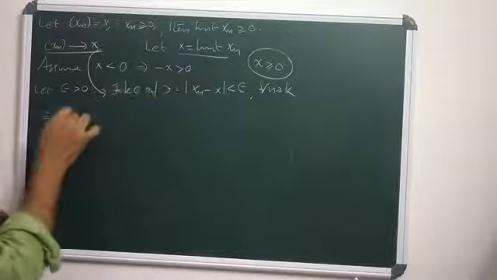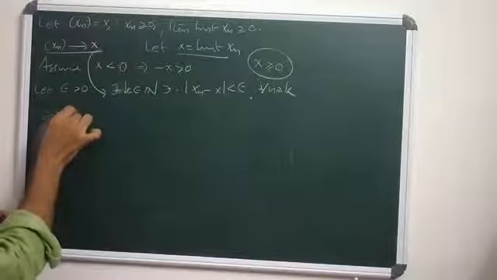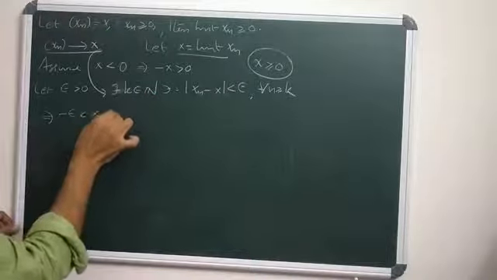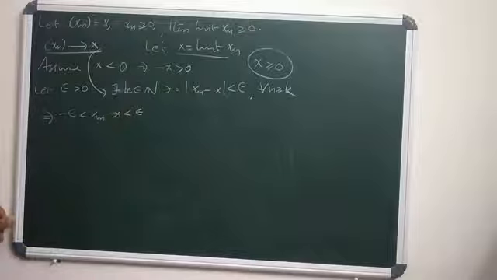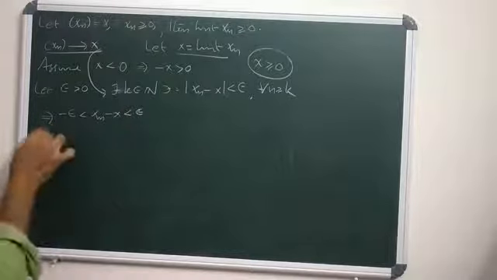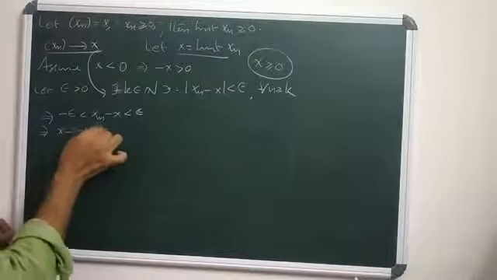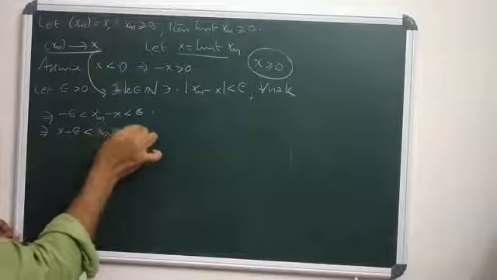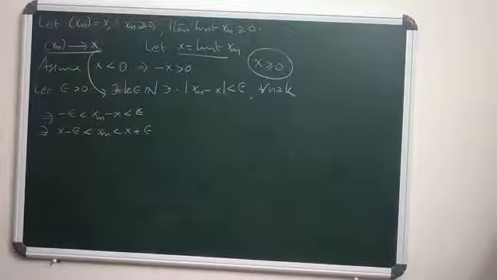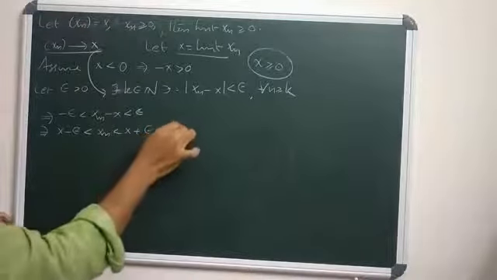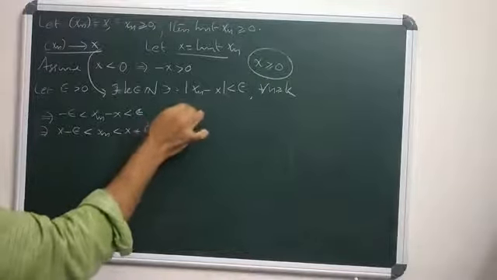That means minus epsilon is less than xn minus x, which is less than epsilon, so x minus epsilon is less than xn, which is less than x plus epsilon, for all n greater than or equal to k.